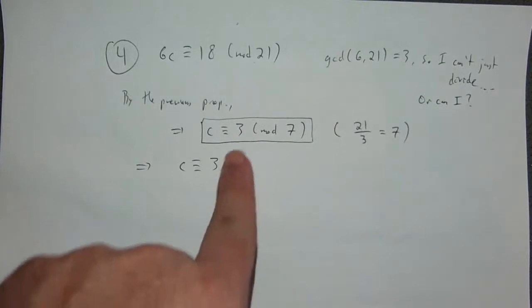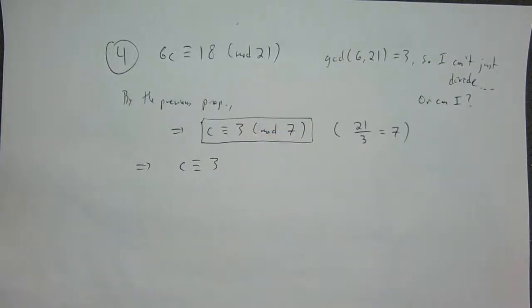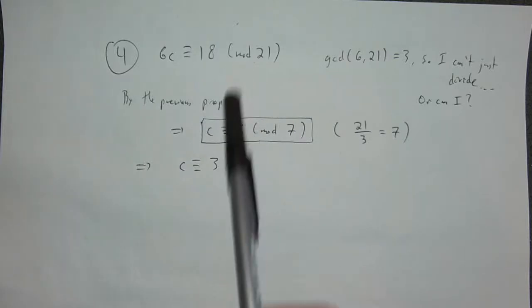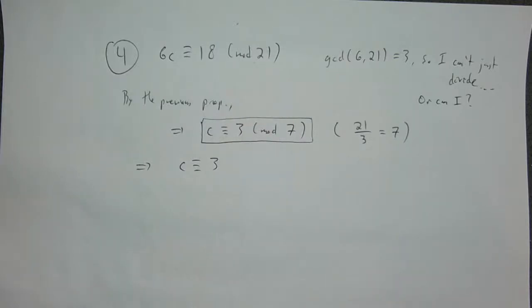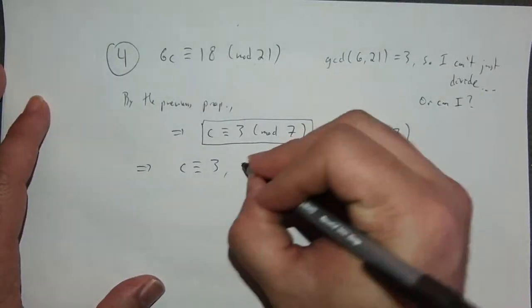Now, in the mod 7 world, that's all I have. But in the mod 21 world, what's another thing? What is something mod 21 that is congruent to 3 mod 7 that is still less than 21? Well, 10.